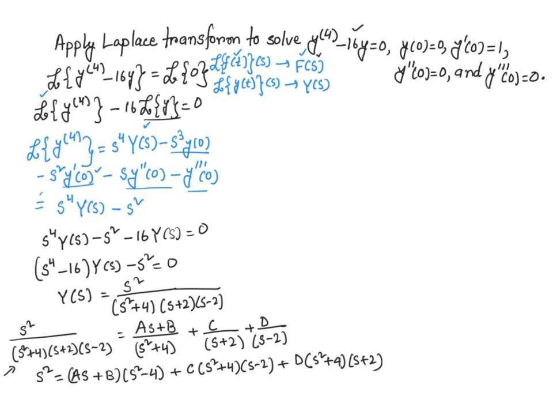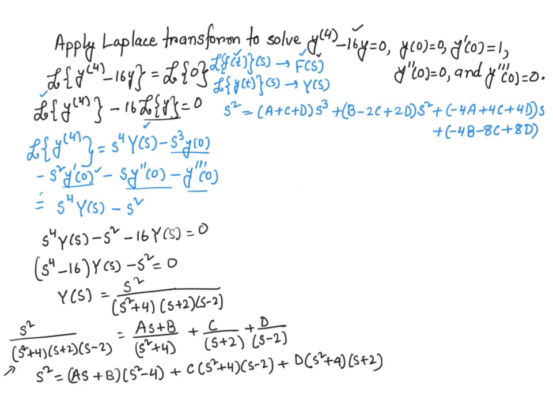Now I just need to simplify all of this. Once I simplify it, actually this is what I get. Now I'm going to compare the coefficients on both sides of this equation.